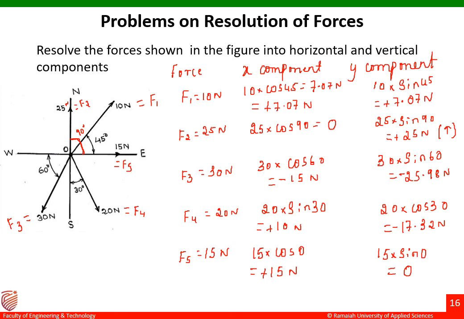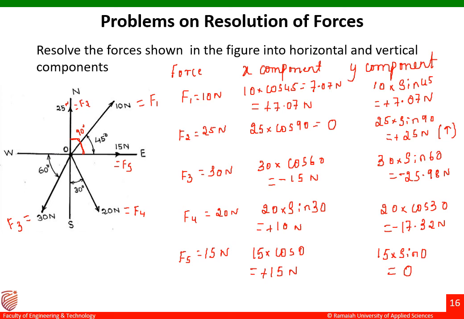I'll just recall once again what we have to do when such a problem is given. When such a problem is given, we have to identify the number of forces. That is the first thing: how many forces are given. We have to carefully observe whether the forces are acting exactly along the horizontal axis or exactly along the vertical axis. Then we have to find out the angle made by each force.